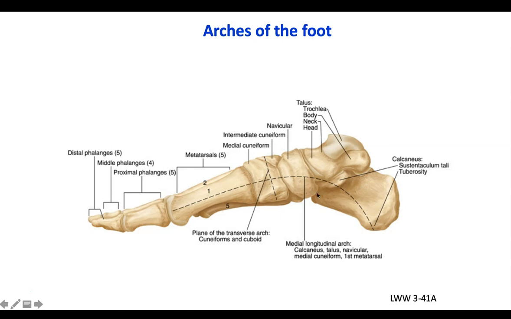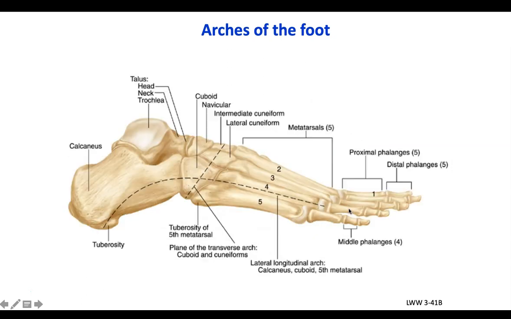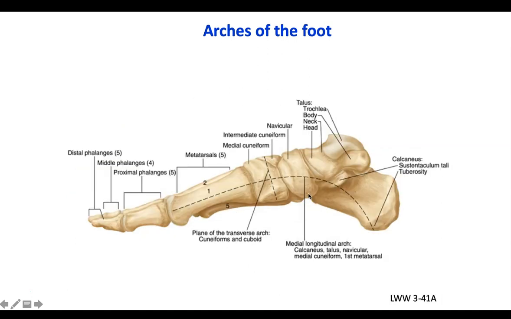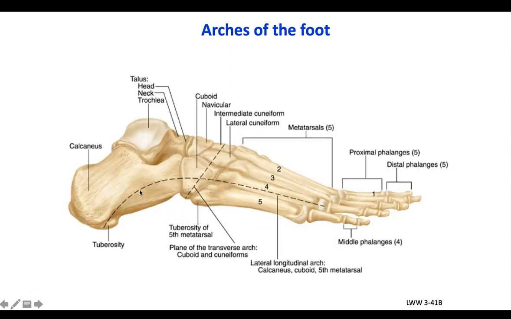There are two arches of the foot. The longitudinal arch has a medial component and a lateral component. So this is the medial longitudinal arch and the lateral longitudinal arch, and connecting them there is the transverse arch.